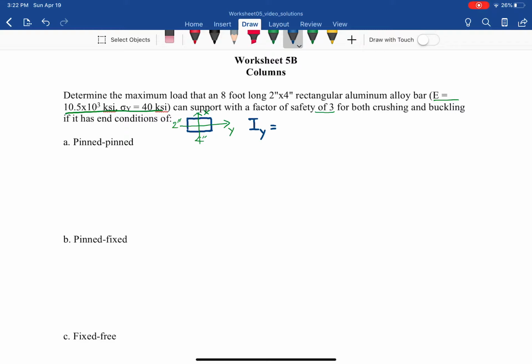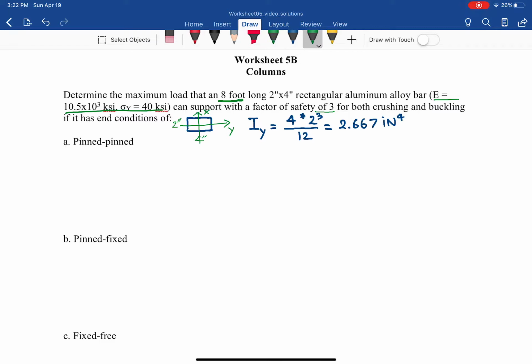So here Iy is equal to parallel for y, 4 times perpendicular cube, 2 cube divided by 12, and from that we will get 2.667 inch 4, and the length of this one is 8 foot long.